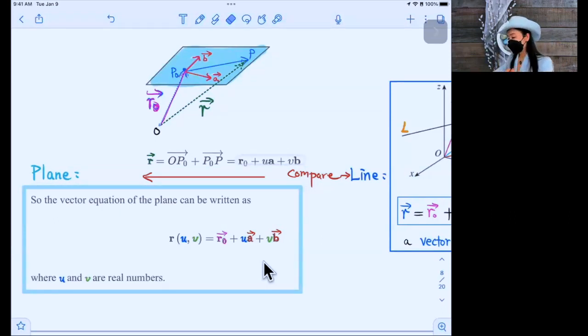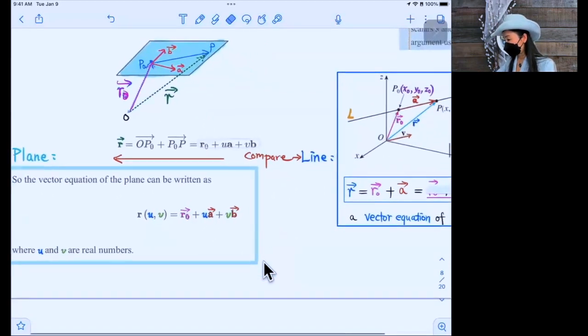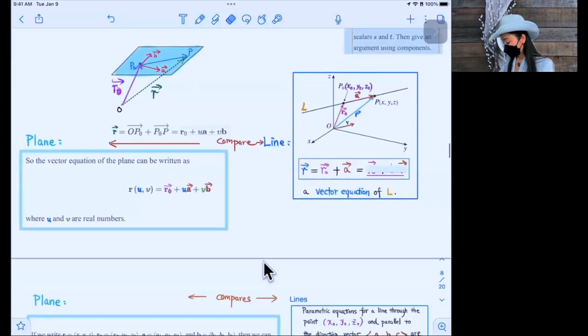Now, some people will say, well, this is a little bit new. How about we compare this with our past knowledge? Think about the vector equation of a line. This is the vector equation of a plane. So what is the vector equation of a line passing through this point P naught with the direction vector here to be A? Do you guys remember?